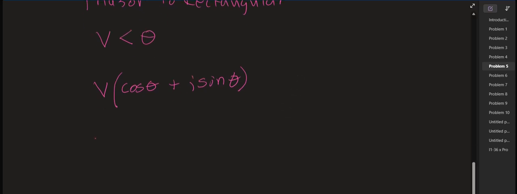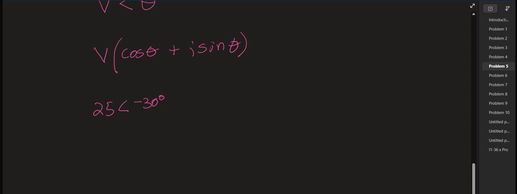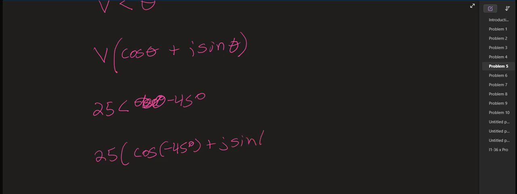So if I had 25 angle negative 30 degrees, that would be, well, let me do negative 45 degrees. That would be 25 open parentheses cosine negative 45 degrees plus J sine negative 45 degrees.